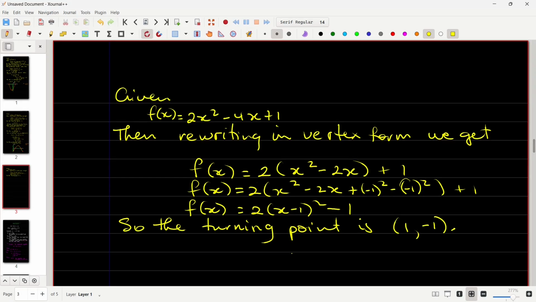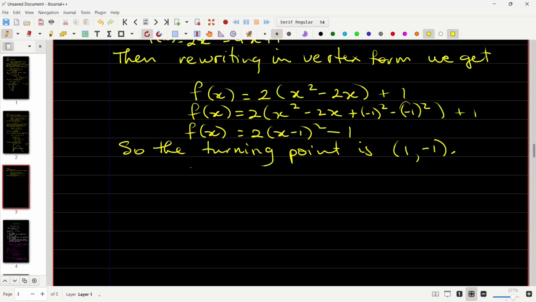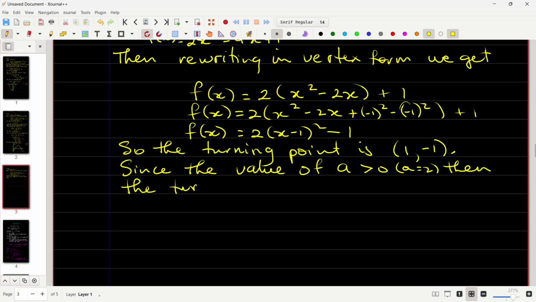And then we're going to do another one, which is to determine the max. Since the value of a is greater than 0, and in this case a is equal to 2, then the turning point is a minimum point.